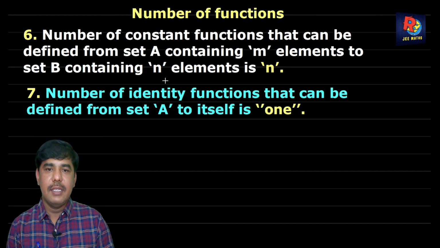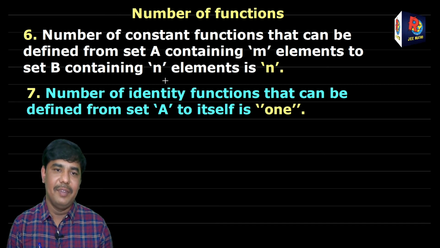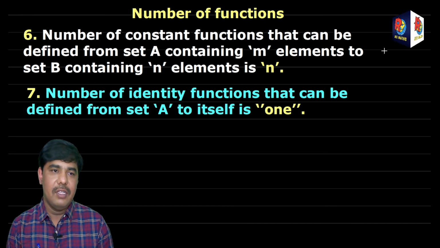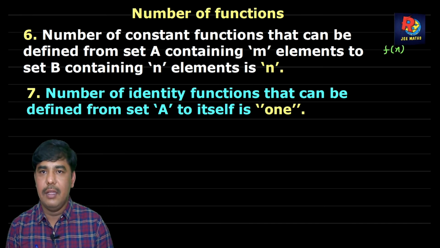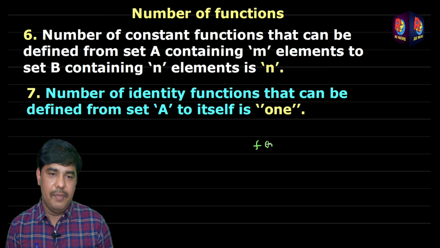Now I need to discuss constant functions. A constant function means that if you change the input value, the output will be the same. For example, I will take f of x equals 10.